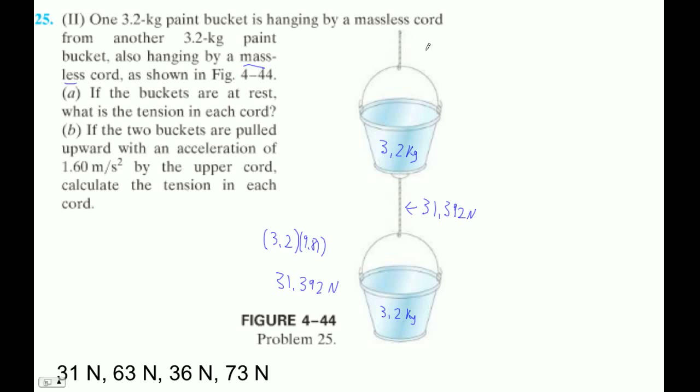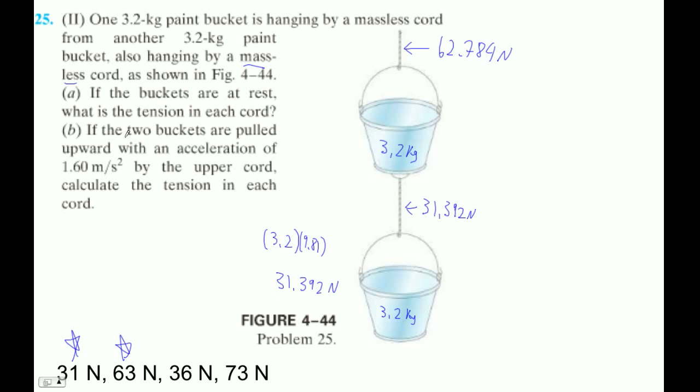The top one has two buckets hanging on it, so that's twice that, times 2, 62.784. So there's our 31 newtons and our 63 newtons.